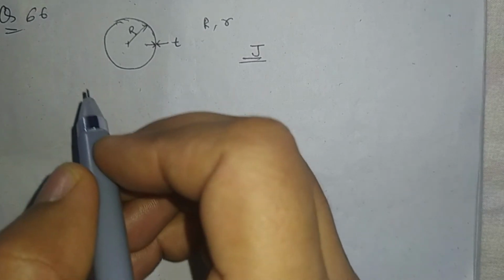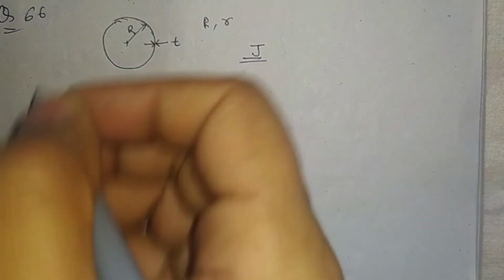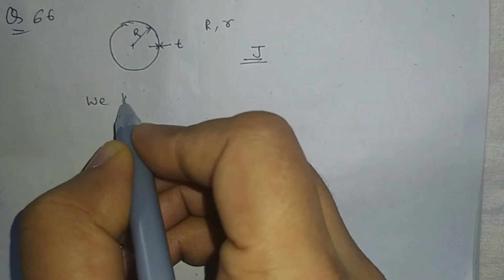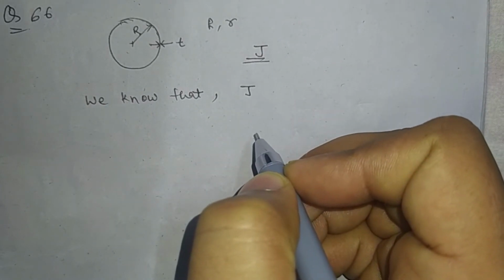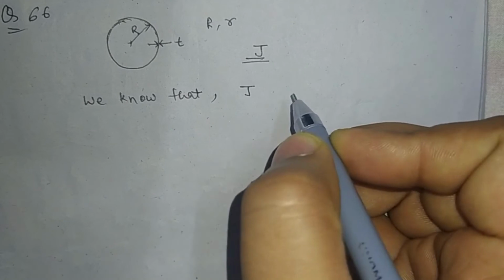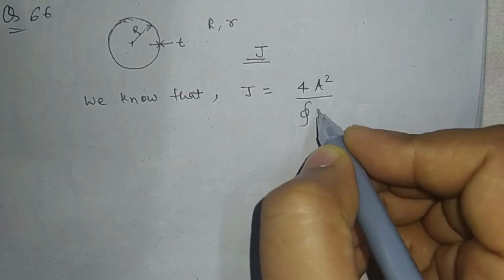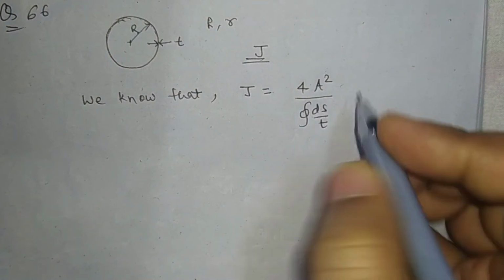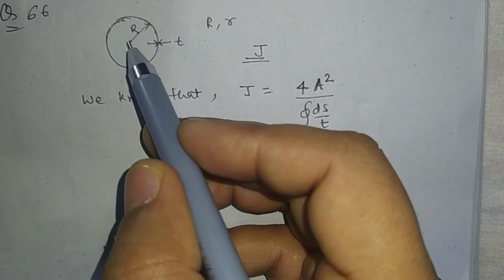We know that J, the torsional constant for a closed thin walled section, is given by 4 A square upon the integral of ds by T. ds is the perimeter of that section, T is the thickness, and A is the closed area of that section.